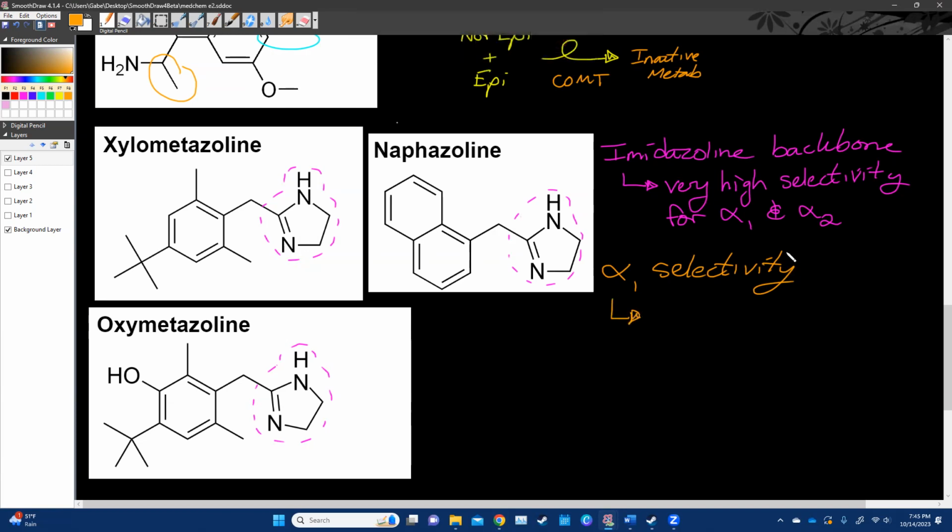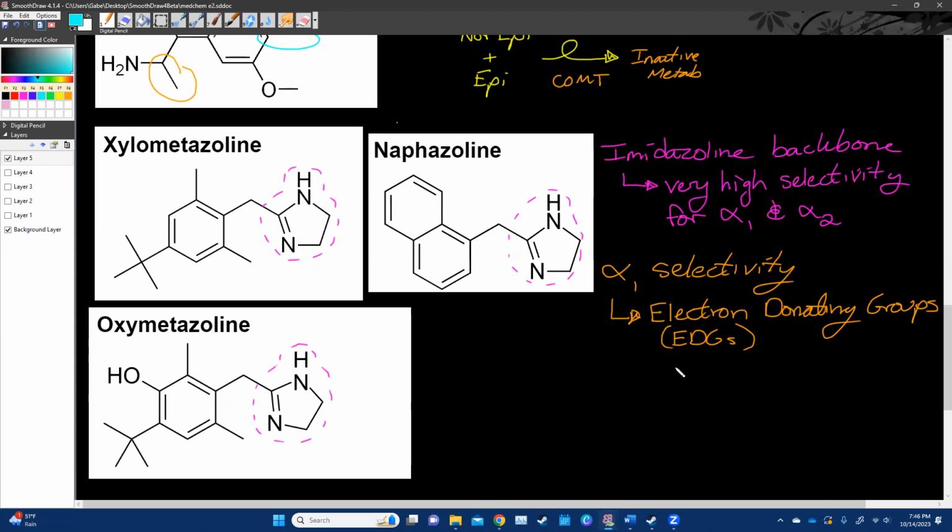For alpha 1 selectivity, you need to have what are called electron donating groups, or EDGs. Essentially, what EDGs are going to do is they have a lot of electrons that they don't necessarily want.